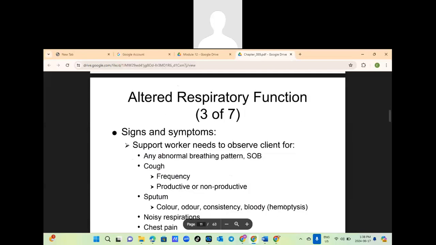But when it's a dry cough, you keep on coughing and coughing, itchiness, no wet sound, no mucus, no sputum, that is non-productive. So you have to observe whether it is productive or non-productive, and how often they cough, the frequency.